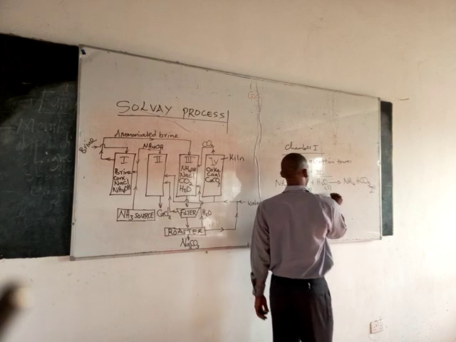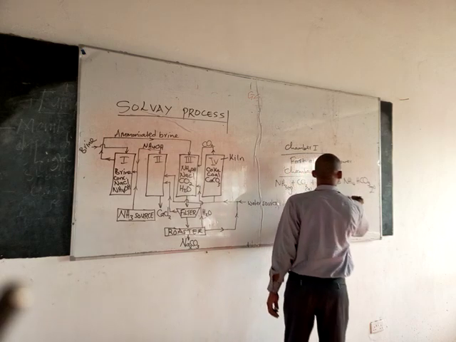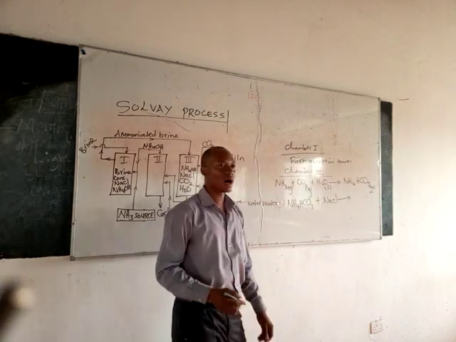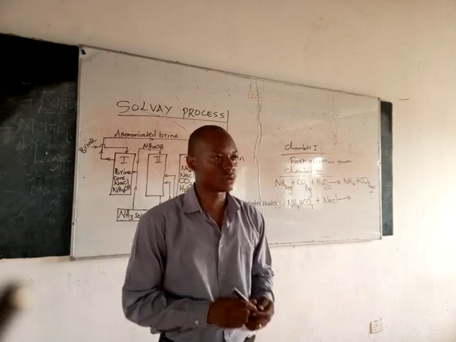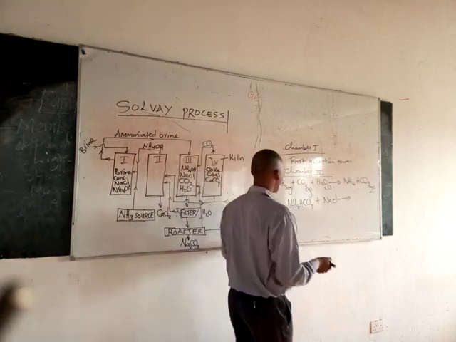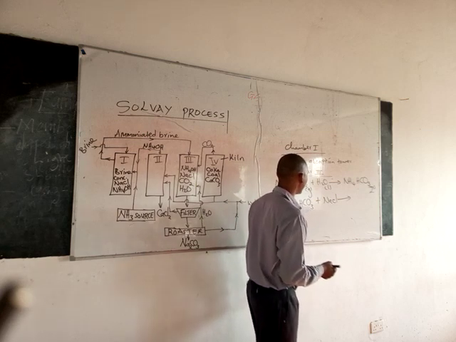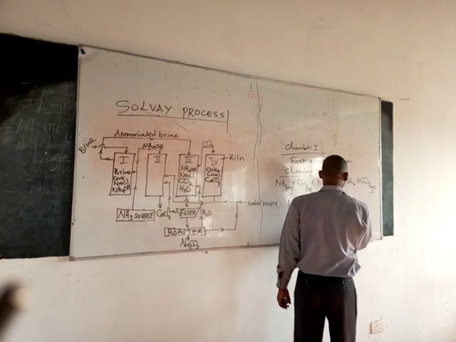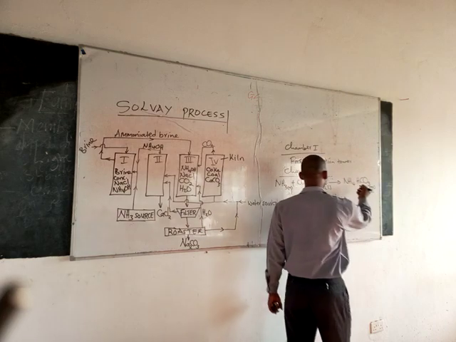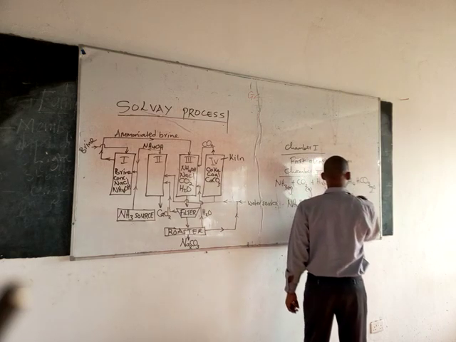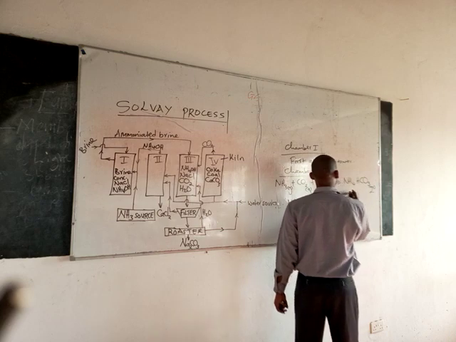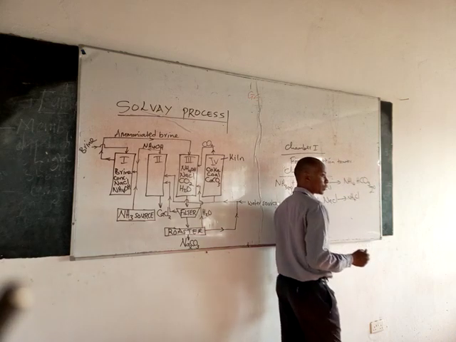And in this case, we are going to have an ion exchange reaction. We will exchange their ions as they react. So what we are going to form will be ammonium chloride, and the other one will be what?